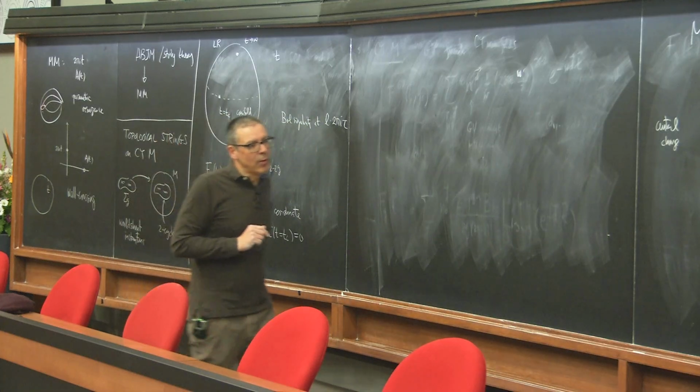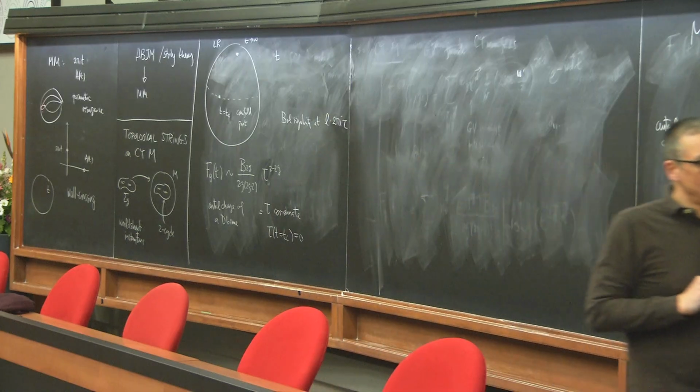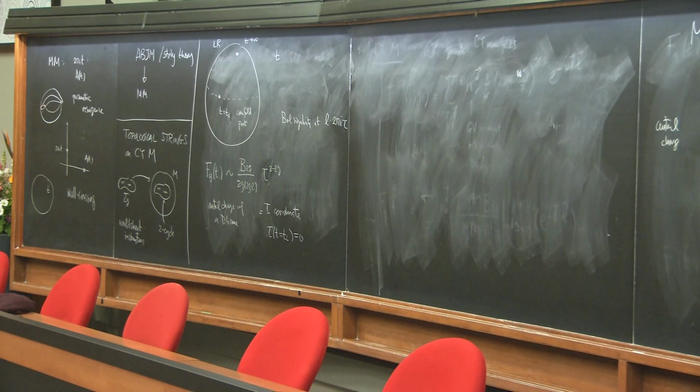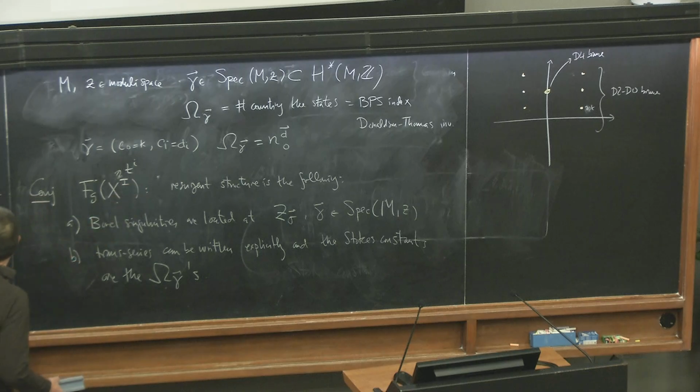Let me just finally write down the final formula for this transseries. Of course, when all these D's are 0, you also only have this Pasquetti-Schiappa type of instantons.